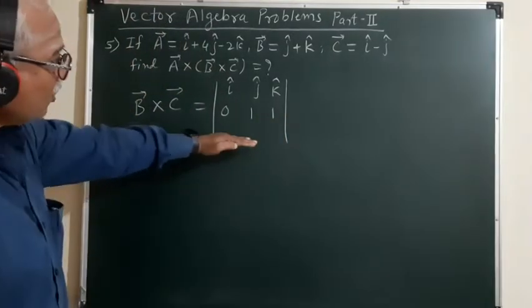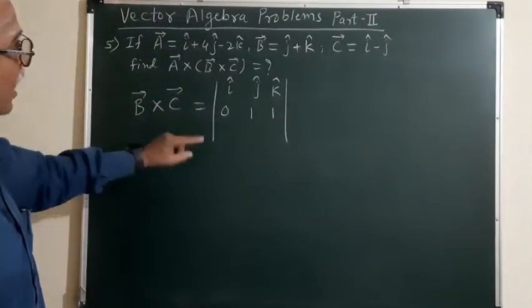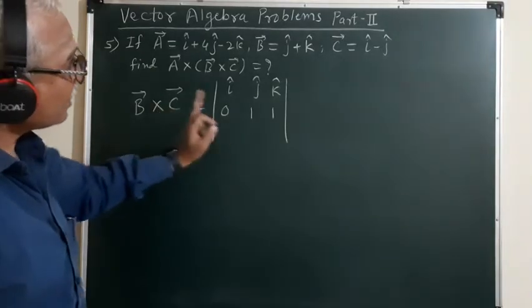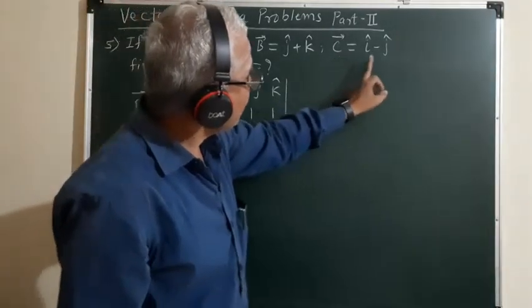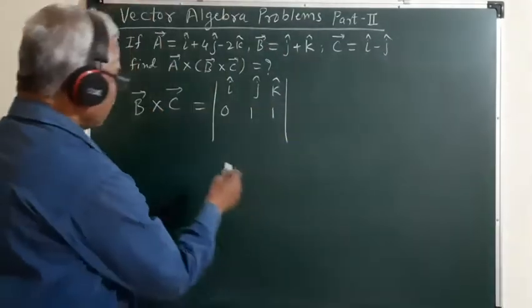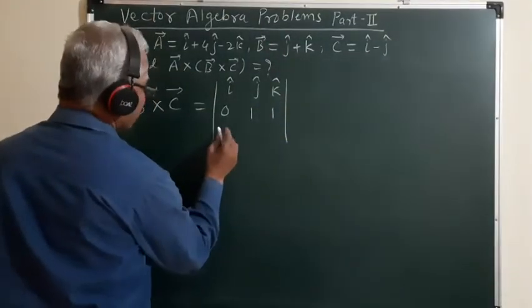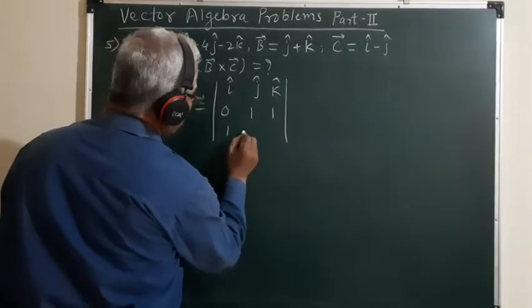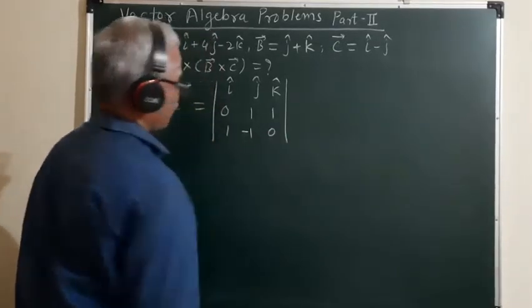And the third row of the determinant is the components of the second vector in the product. The vector c bar is expressed as i cap minus j cap, so that the components of c bar will be 1, minus 1, 0.